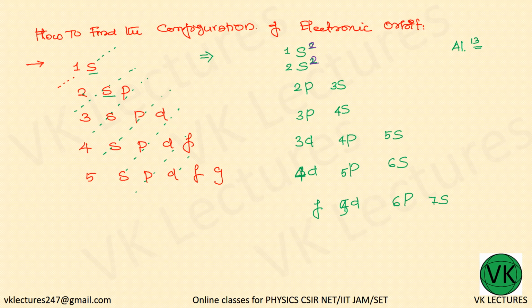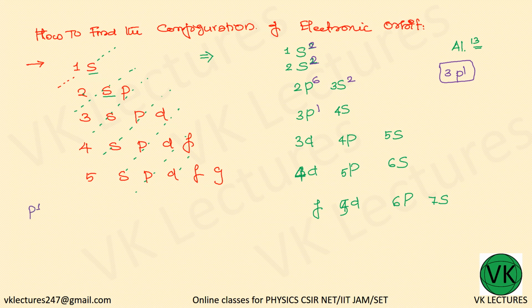Now we have 9 more electrons to be placed. In P you can place 6, then you have to go with S. Again I have placed 1 more, then 3P. What is left? Only 1 more is left, so 3P1.